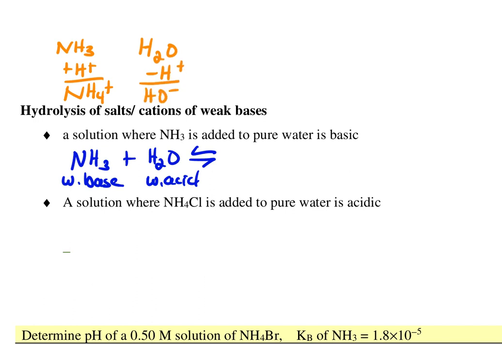It loses a proton, and what's left is its conjugate base, hydroxide. So our products are going to be NH4+ and hydroxide. Okay, and that's how we know that we're going to have a basic solution.